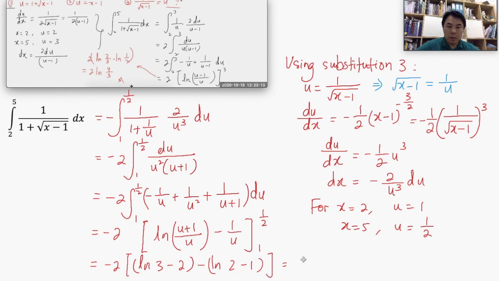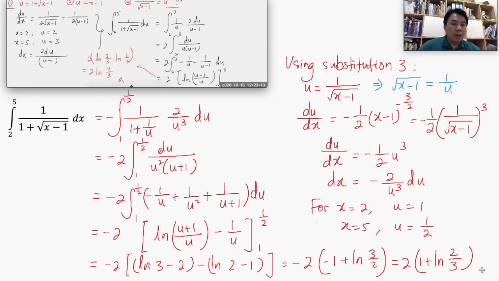And then let me check whether the answer is correct. So in this case, we have minus 1, and then minus 1 plus ln 3 over 2. Or it could be 1 plus ln 2 over 3, if I move the negative into the bracket.